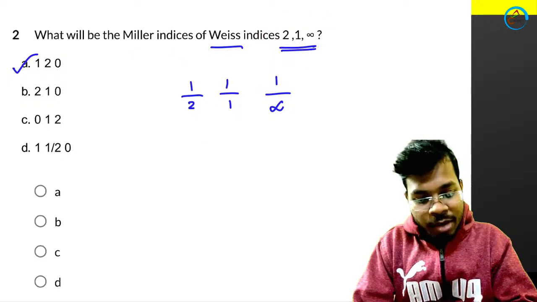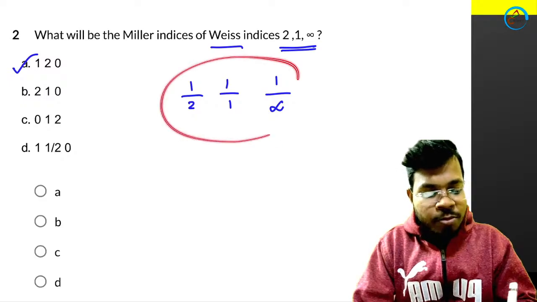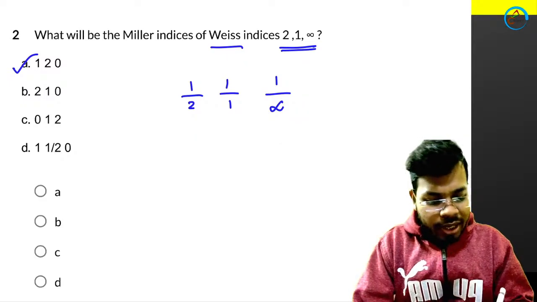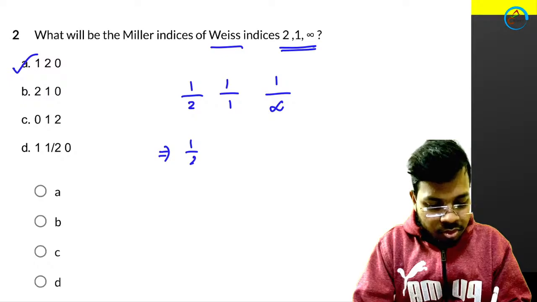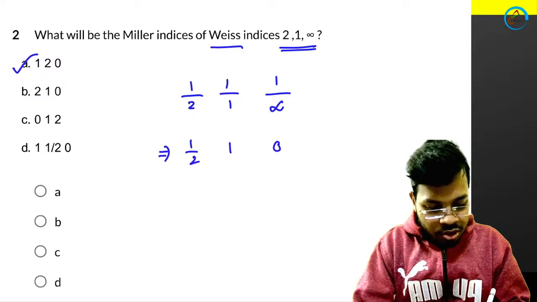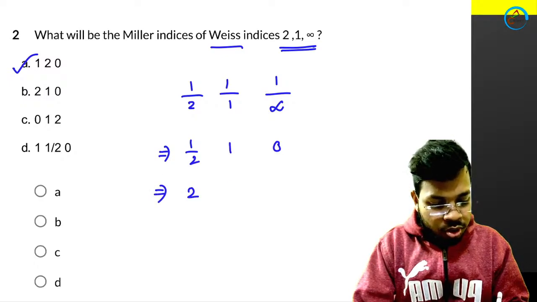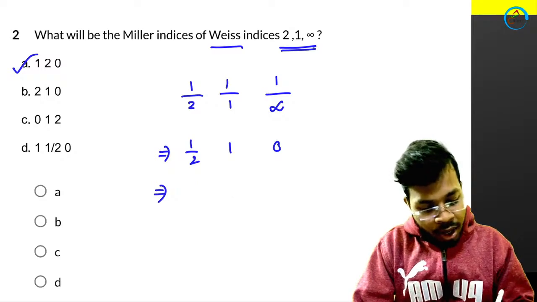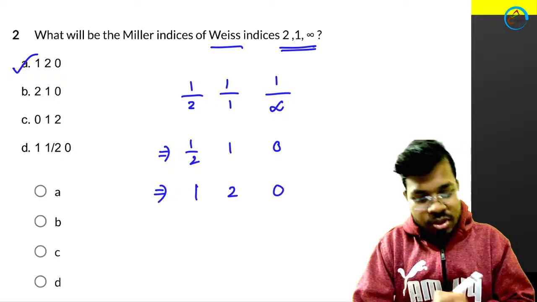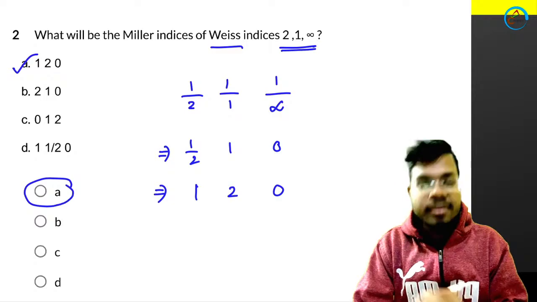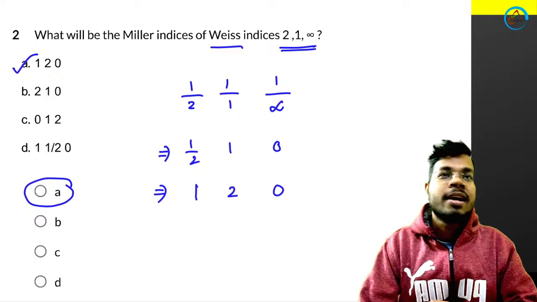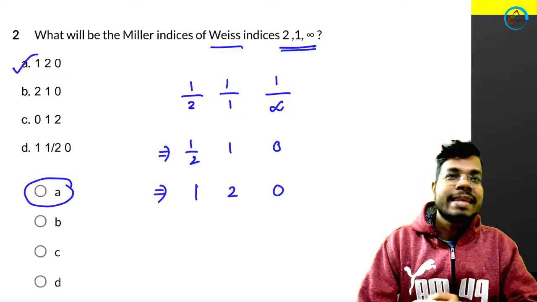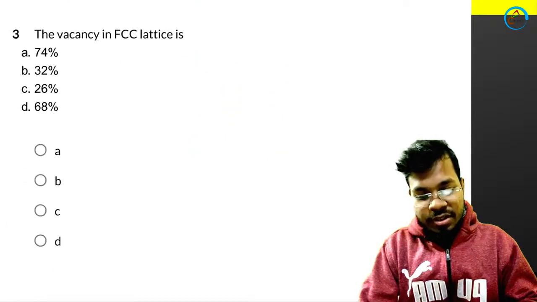So 1 by 2 is not a whole number, so you have to make it a whole number. Multiply with 2, so it will become 1, it will become 2, it will become 0. 1 2 0. That's how A is the correct answer. Very good. Yes, Arnab, good job.